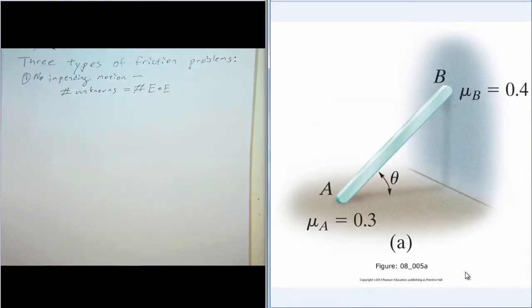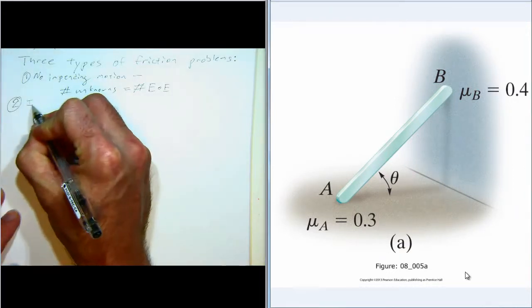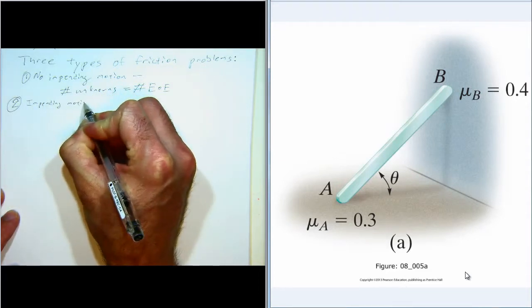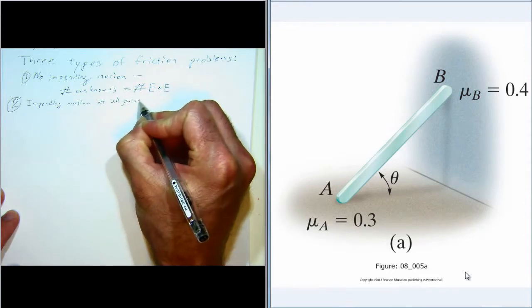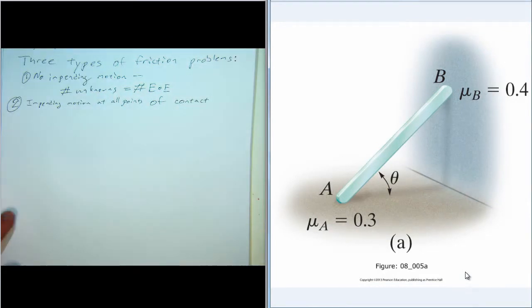The second type of problem, we have impending motion at all points of contact. So here's an example problem, and we might know the mass of the bar in the picture and the coefficients of friction where it contacts the surfaces.